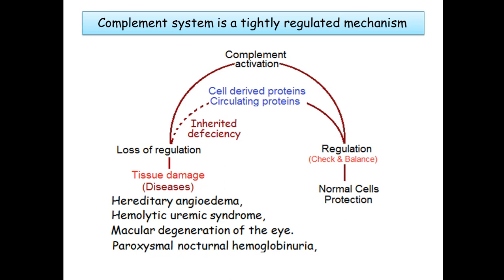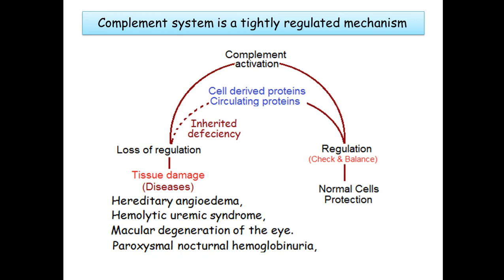So if there is a problem in this regulatory mechanism of the complement system and in this check and balance, the inappropriately activated complement system will damage the normal cells. And there are certain diseases that result from the unneeded or inappropriate activation of the complement system, and these diseases are the result of problems in the regulatory system, and there may be some inherited deficiency of some proteins that are involved in the regulatory system.